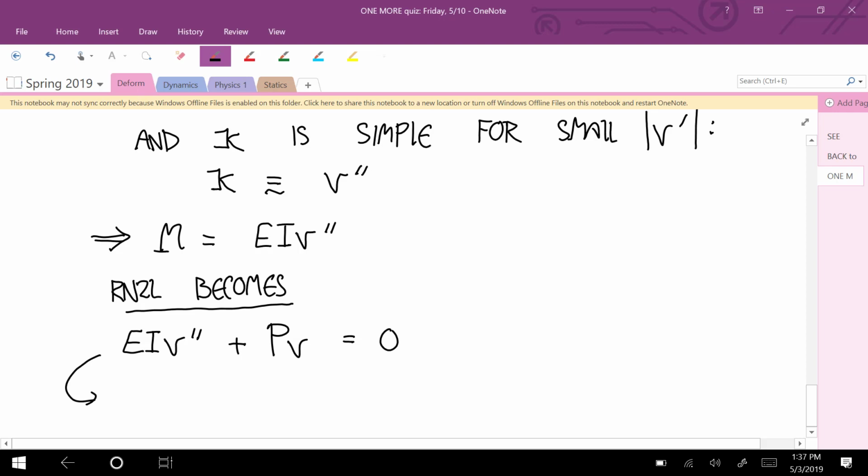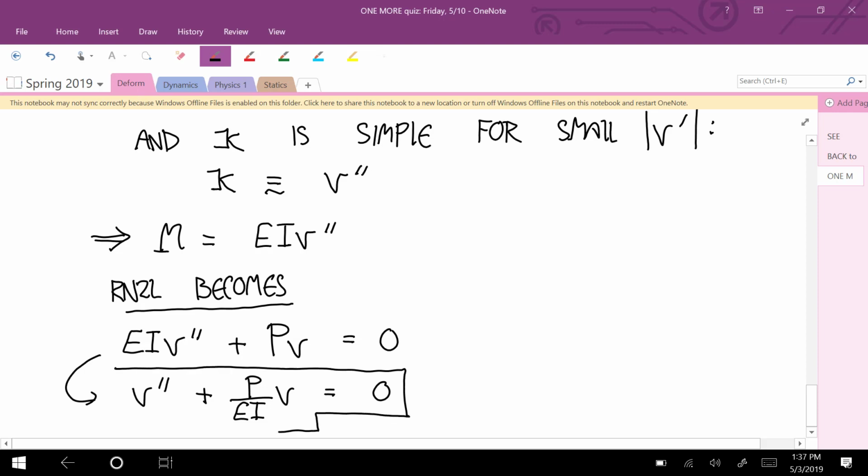And divide everything by EI, and you get that V double prime plus P over EI times V is equal to 0. And that's the second order ordinary differential equation of the form that we just did this morning in dynamics.